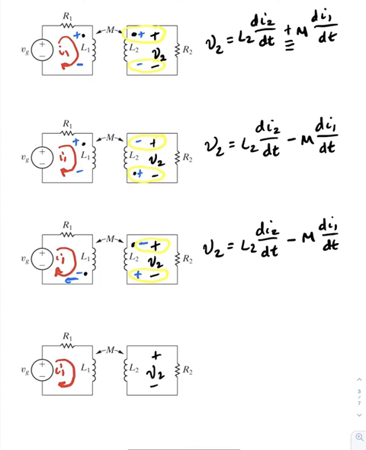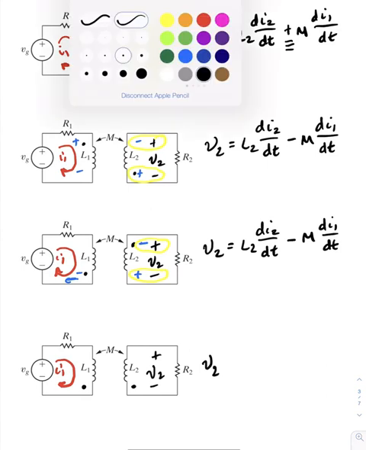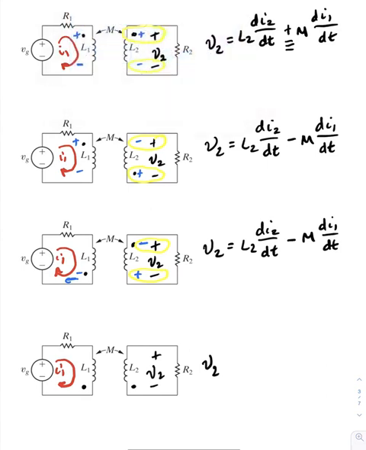For our last example, both dots are at the bottom. Let's take a look at our polarity. Current 1 is leaving, so we will put a minus.